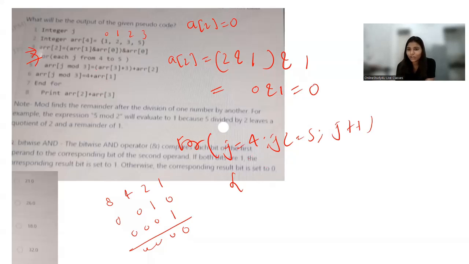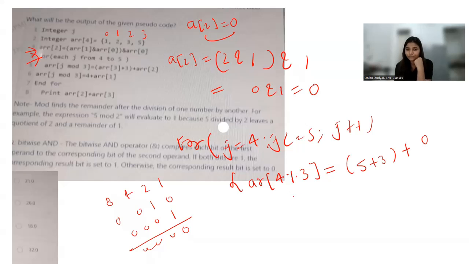The current value of j is 4, right? So we have 4 modulus 3 assigned to array of 3 plus 3. Array of 3 means 0, 1, 2, 3. So at the third index we have 5, right? So it will become 5 plus 3 plus array of 2. Array of 2 we have updated to 0, so it will be 0.